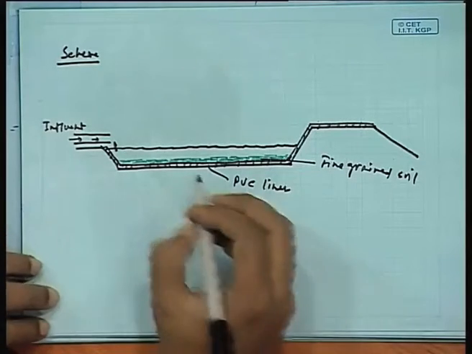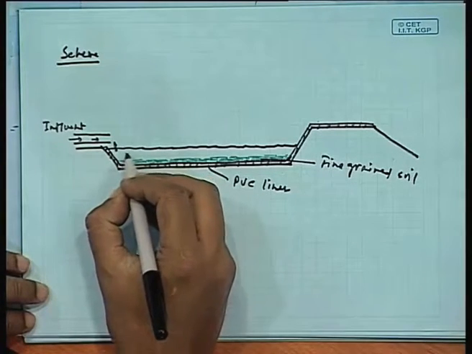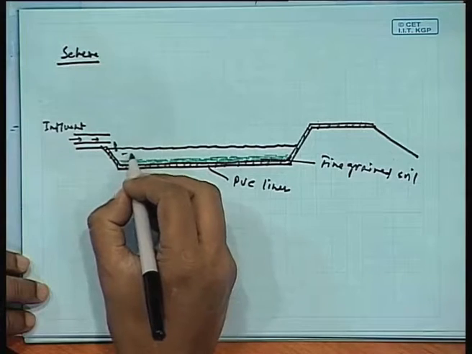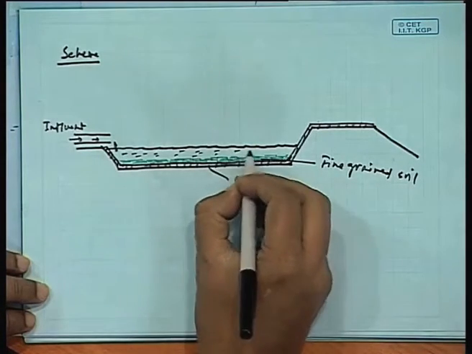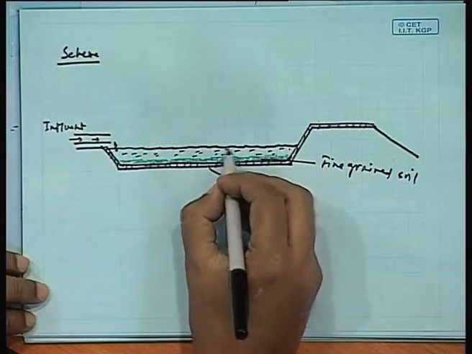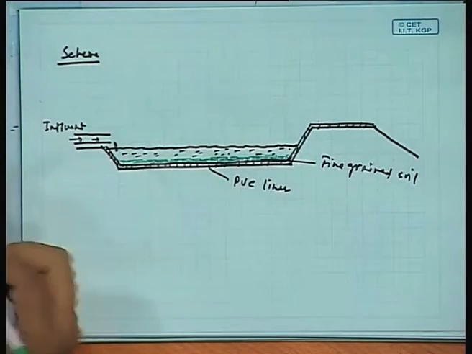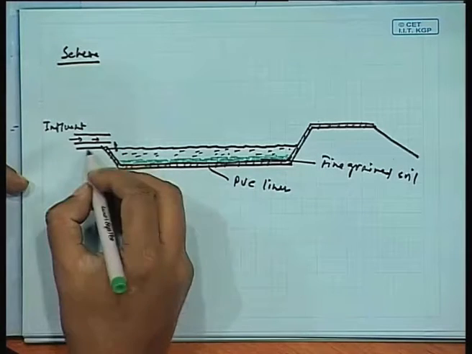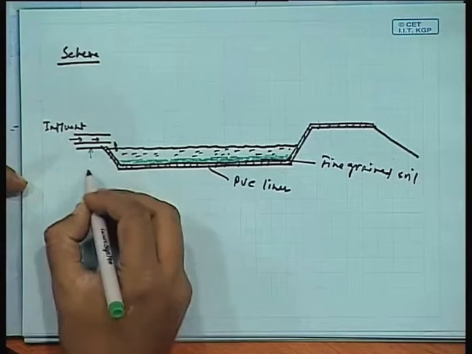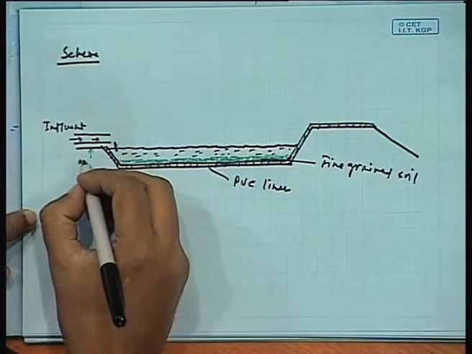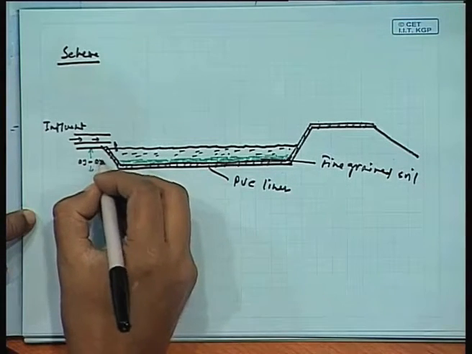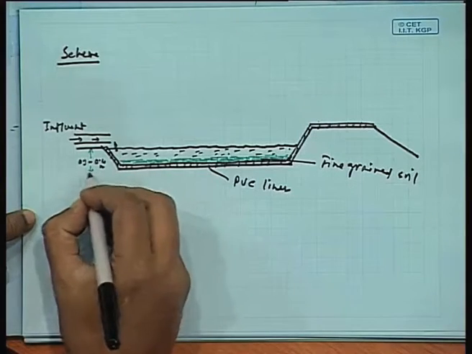Now here this is the wetland. This is the water. This is how it would look. The depth of the wetland is about 0.3 to 0.4 meter, right?